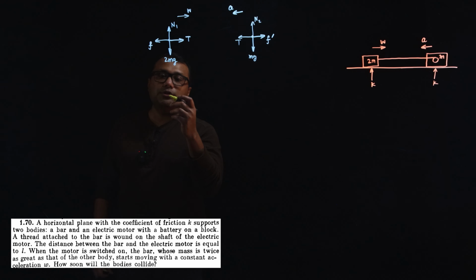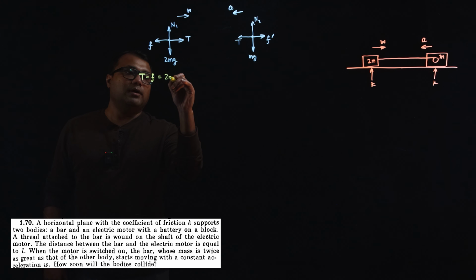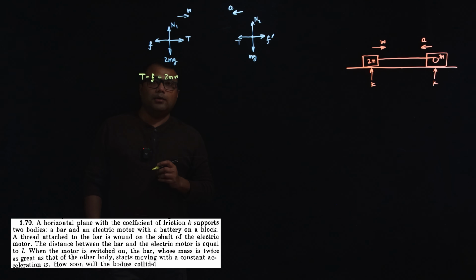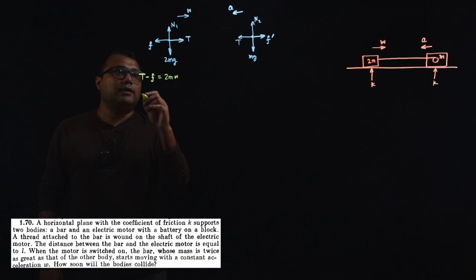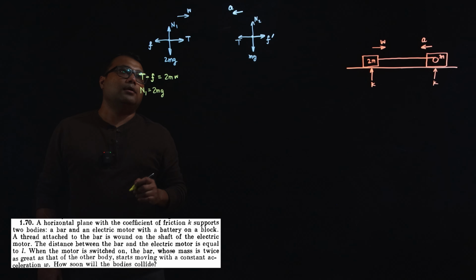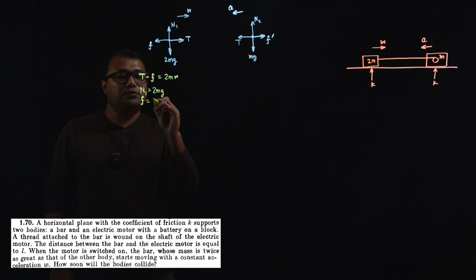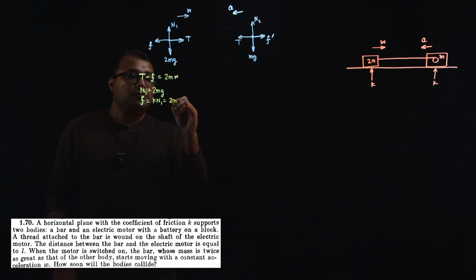Now we can write the equations of motion. So tension minus friction is responsible for 2m mass's acceleration, which is W. Now in the vertical direction, N1 is equal to 2mg, and there is kinetic friction, so F is equal to K N1, so F is 2kmg.